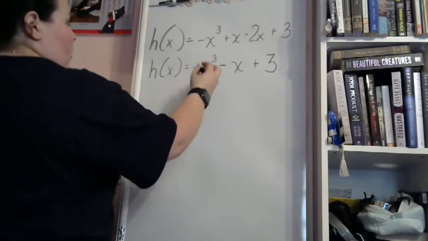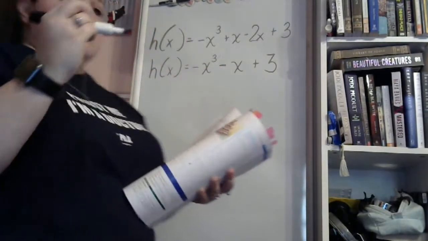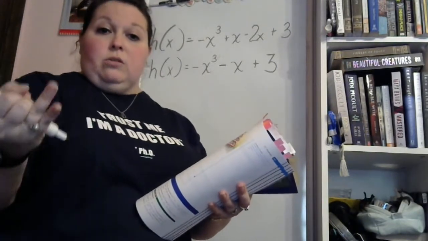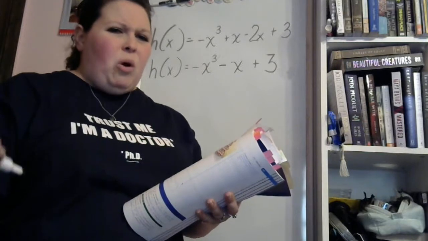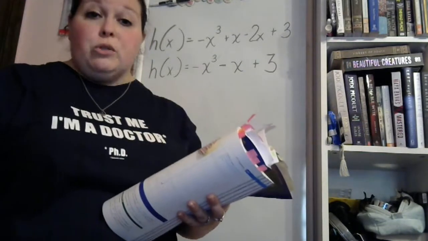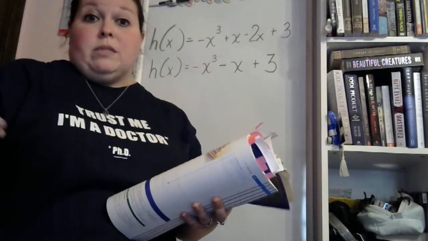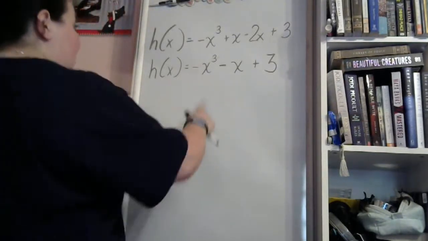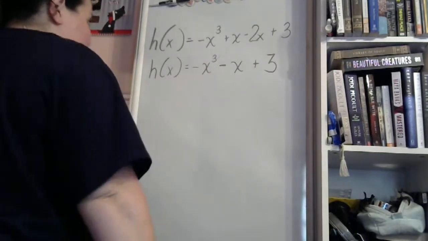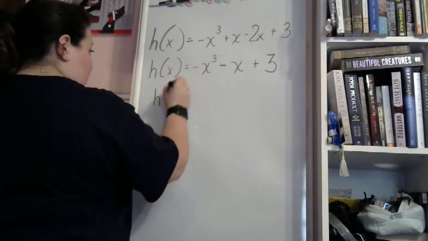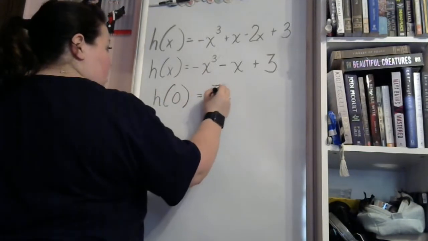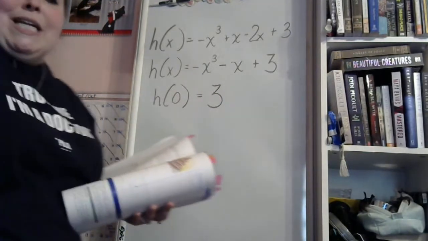If we take 0 to the third power, that would be 0 times 0 times 0. So what would our answer be? I hope you're saying 0, because 0 times 0 is 0. So if we have 0 minus 0 plus 3, this one we can kind of do in our heads. h of 0 is going to equal 3, because it can't equal anything else.